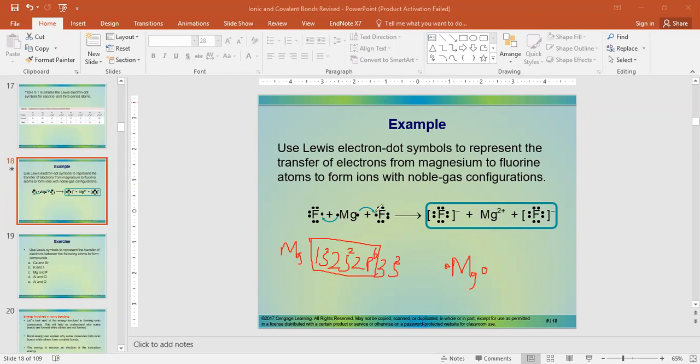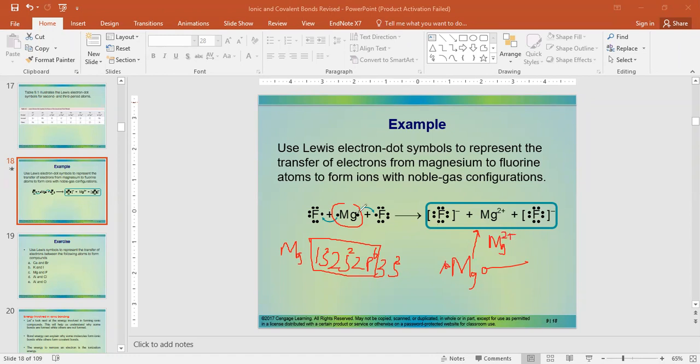In the transition from magnesium to magnesium 2+, these valence electrons are lost. So what we remain with here is Mg2+. Why are we not showing any electrons?